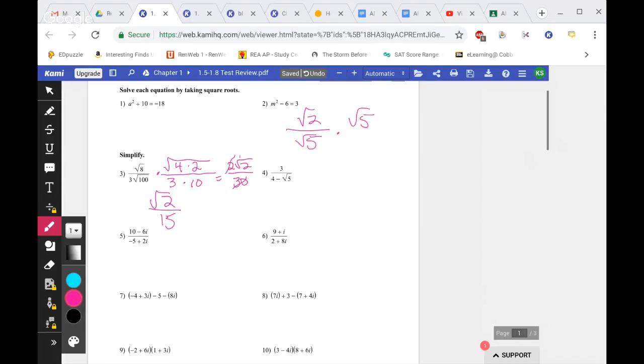Obviously, there is no square root of 5, so I would have to multiply the top and the bottom by the square root of 5, which is going to give me the square root of 10. Horrible writing.